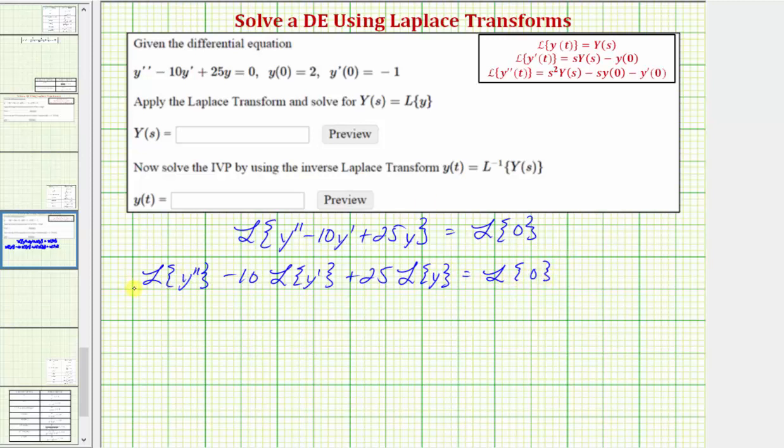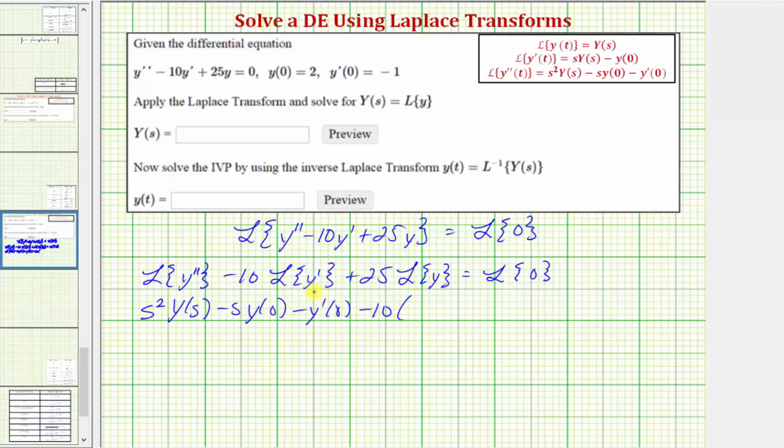And now we know the Laplace transform of y double prime equals s squared times big Y of s minus s times y of 0 minus y prime of 0. And then we have minus 10 times the Laplace transform of y prime, so we'd have minus 10 times the quantity.